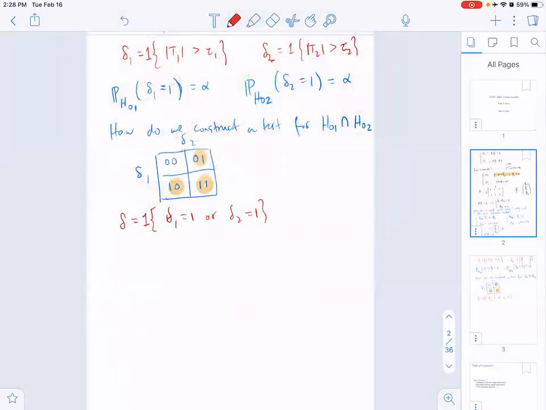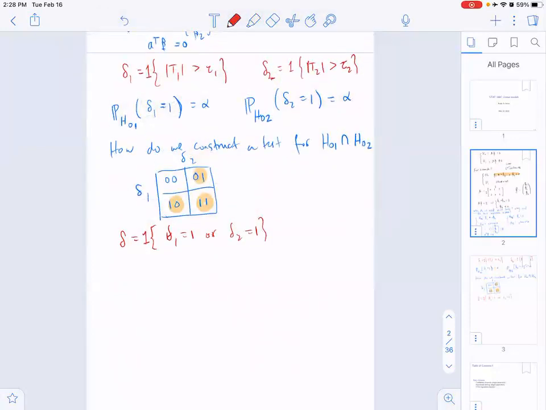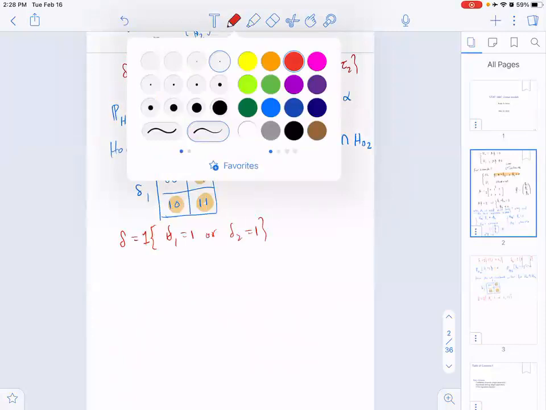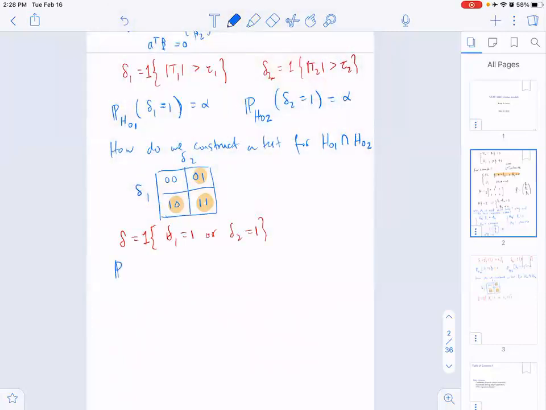When one of them is 1, it means that the corresponding null hypothesis is violated, so both are not the case. Then the type 1 error of this would be the probability that delta 1 is 1 or delta 2 is 1. So you can think of this as the union.